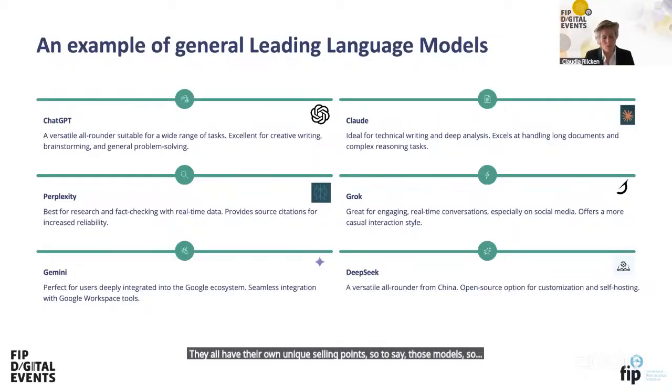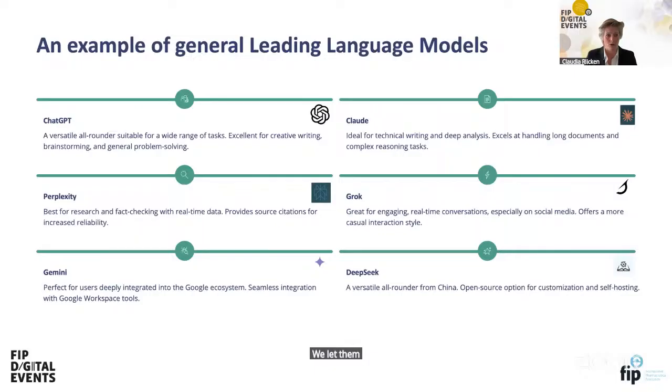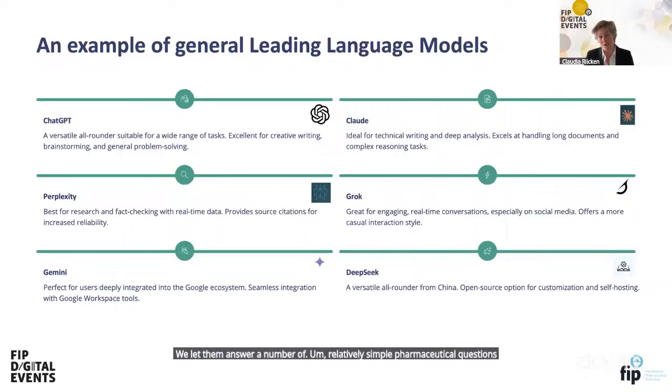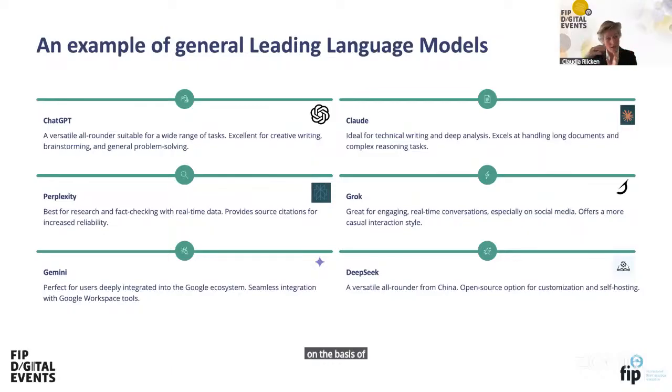We don't have time to explain how we did it, but at the University of Utrecht, we did a comparison between 5 large language models and 5 pharmacists. We let them answer a number of relatively simple pharmaceutical questions, and we rated them on the basis of content and on the basis of empathy.